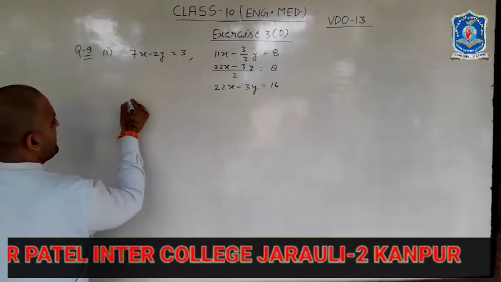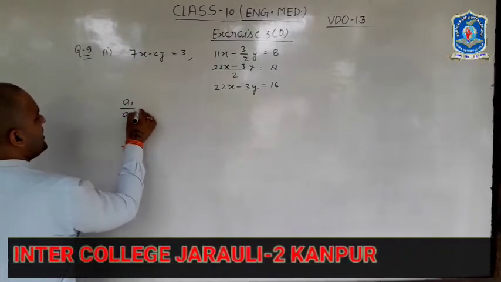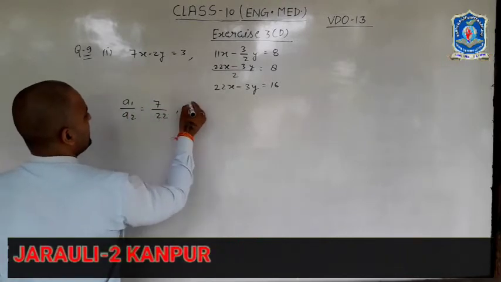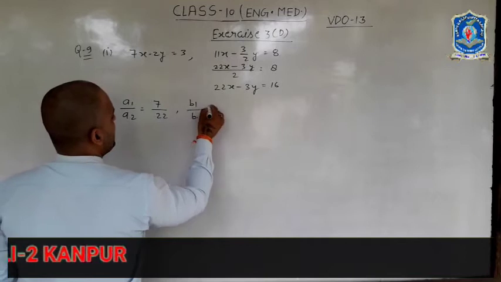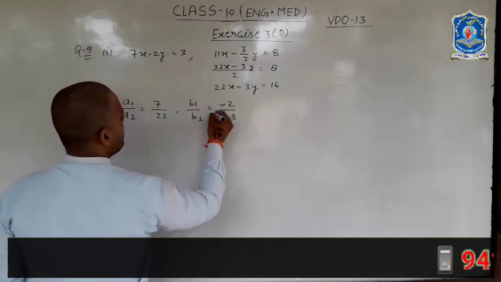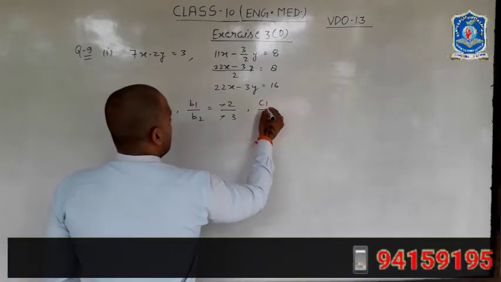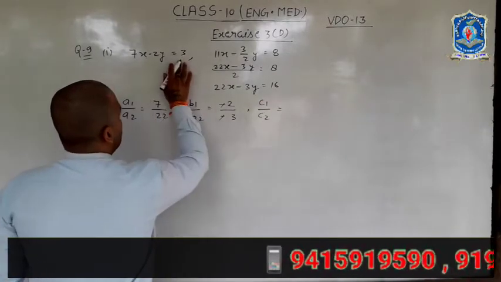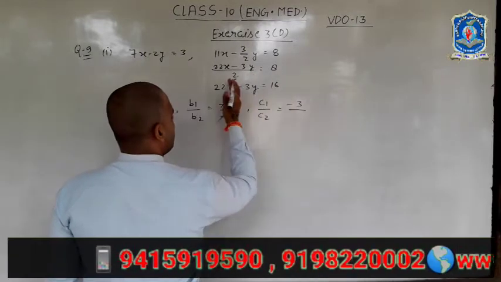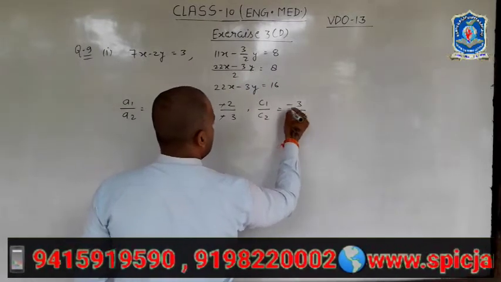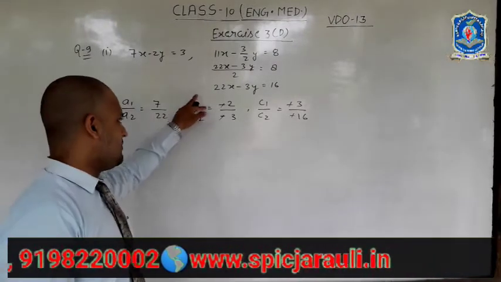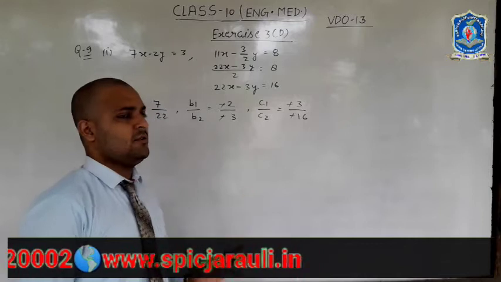Now compare a1 by a2, that is 7 by 22. Then b1 by b2, that is minus 2 by minus 3. Then c1 by c2, that is minus 3 by minus 16. This is the value of a1 by a2, b1 by b2 and c1 by c2.